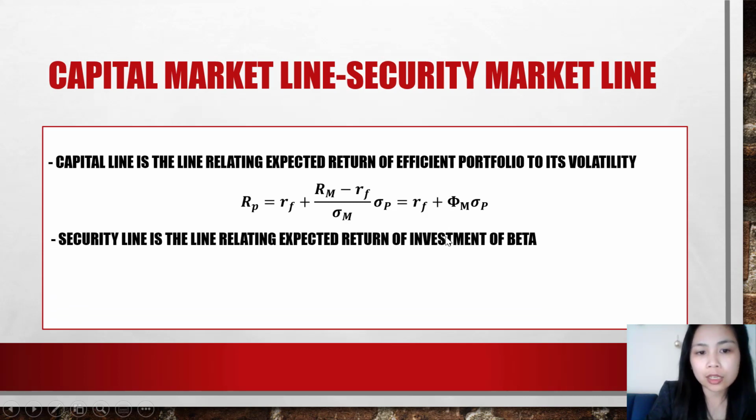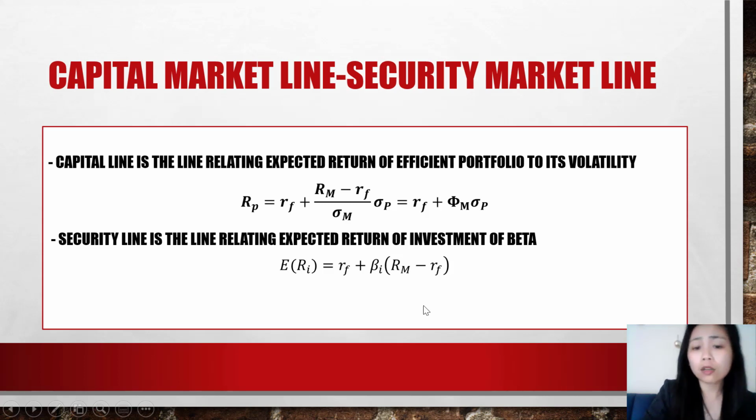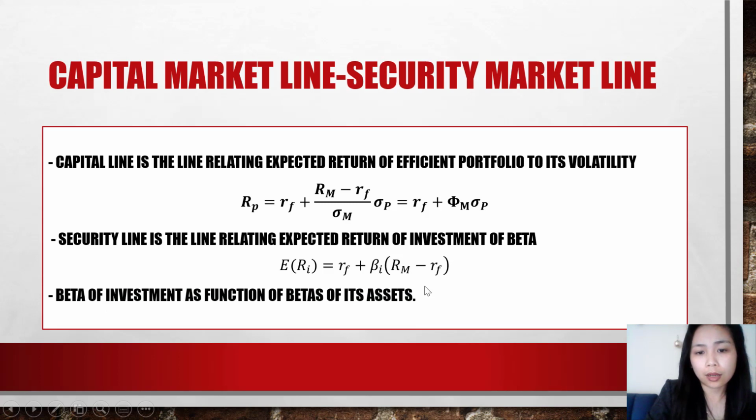The security market line is the line relating the expected return of an investment to beta. So here on the security market line, we got the beta of the investment and the expected return of the investment. And the slope of it is the risk premium of the market. And for the security market line, remember, any assets, any stocks that lie right on the security market line are said to be correctly priced.